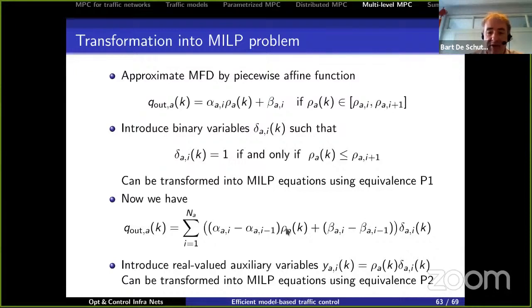And then we can just, by considering the difference between the coefficients, gradually build up the whole piecewise affine function. Of course, if we do this, then if we work out the equations a bit more, we will get multiplications between the rho and the binary variable delta. But such a multiplication we can also transform into MILP equations using the second equivalence.